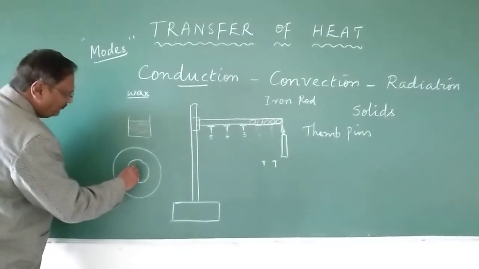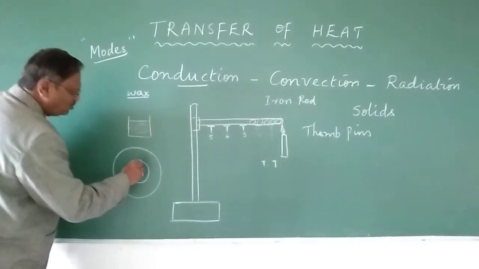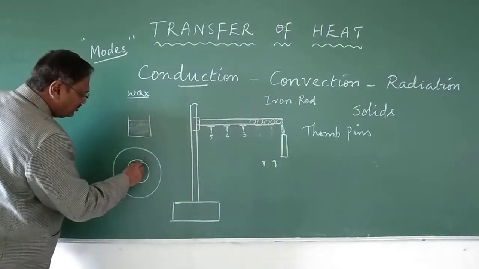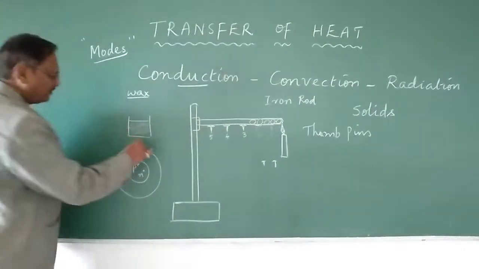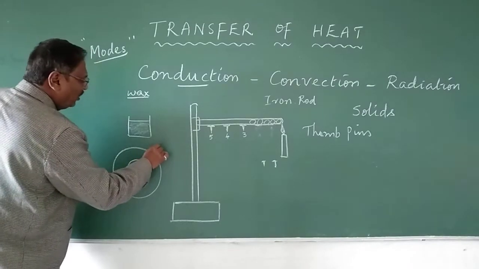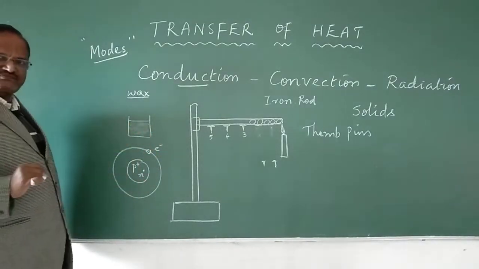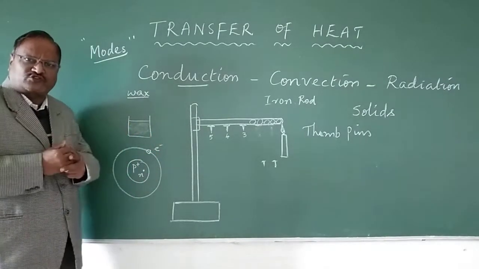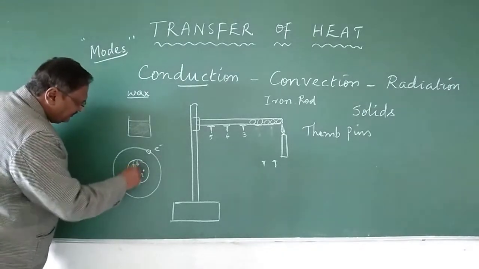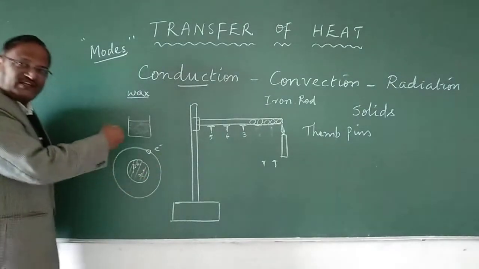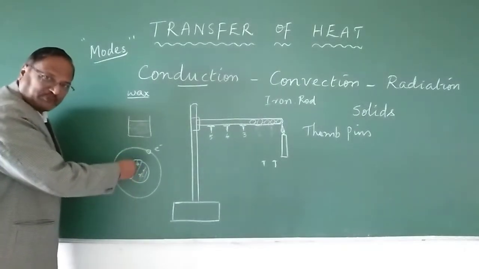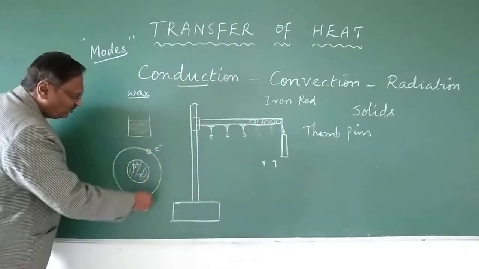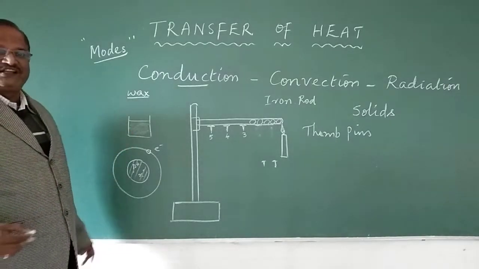The nucleus of an atom consists of protons, which are positively charged, and neutrons, which are neutral, no charge, and electrons are revolving around that. This is just like our solar system. The Sun is at the center and the planets are revolving around it. Like that, the nucleus is the center with protons and neutrons, and electrons are revolving around it.